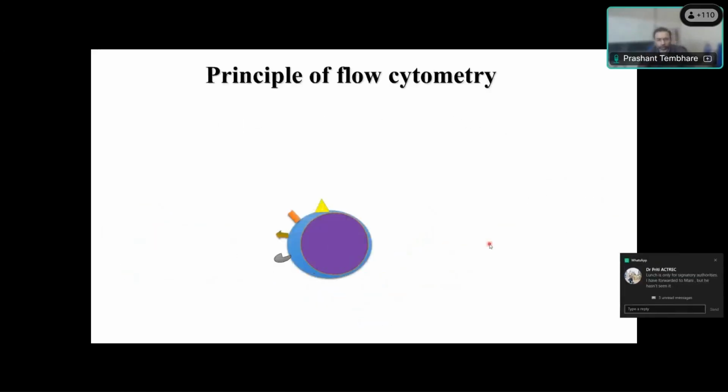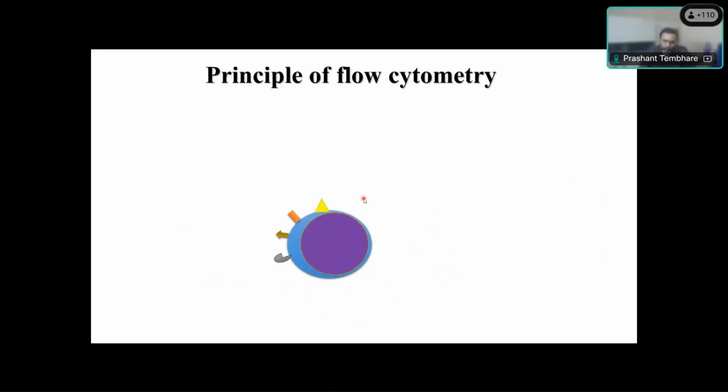Now, just to show you the principle, when I say a single cell comes in front of the laser, what happens actually in the flow cytometer? We have a cell on which we have different proteins present, and we put a specific monoclonal antibody which attaches to that protein present on the cell or inside the cell, and these antibodies have different fluorochromes attached to them.